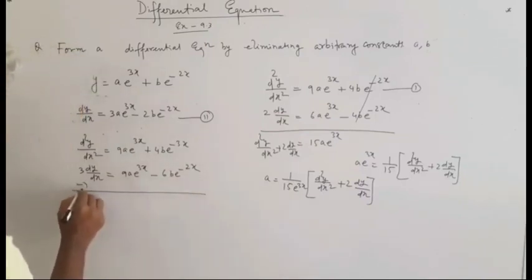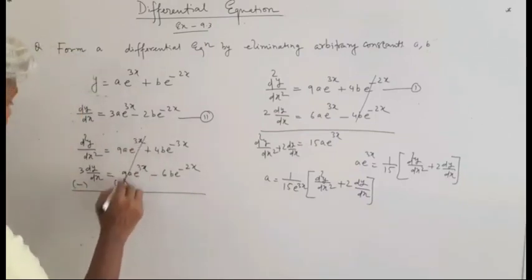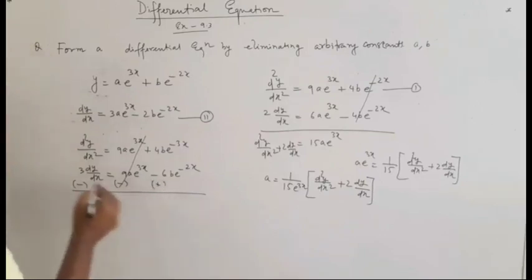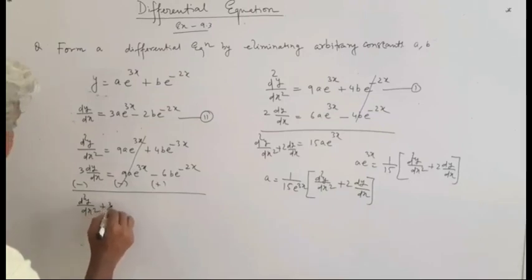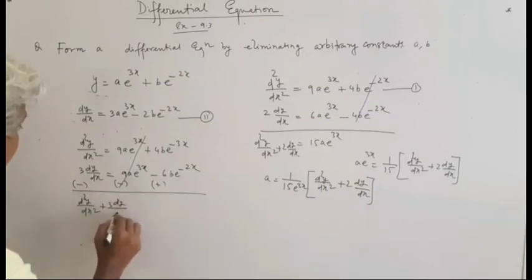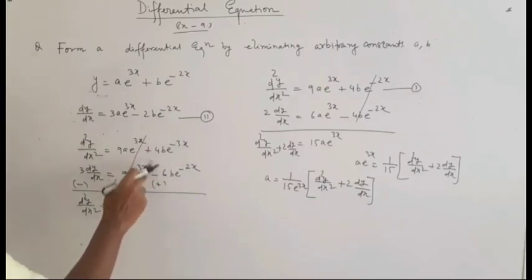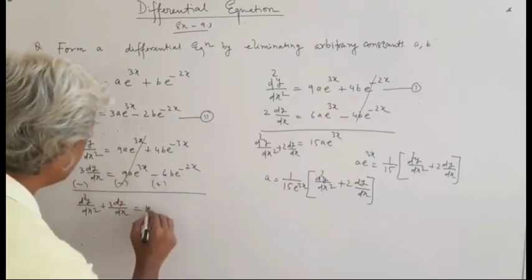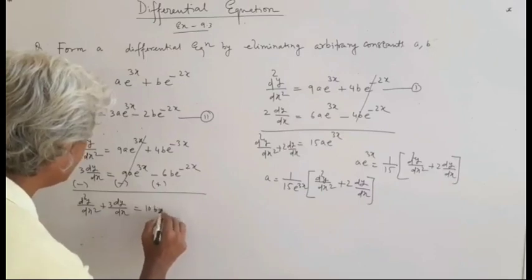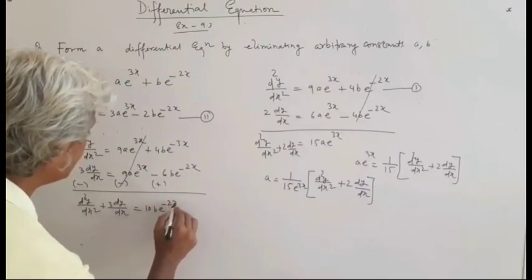If I subtract, I have to change the sign because I have to eliminate these two. This becomes plus. So d square y over dx square plus 3 dy by dx is, what is this? 4 plus 6 will become 10b e to the power minus 2x.